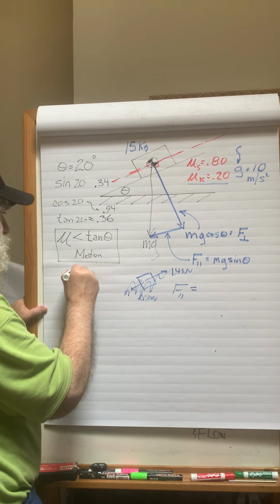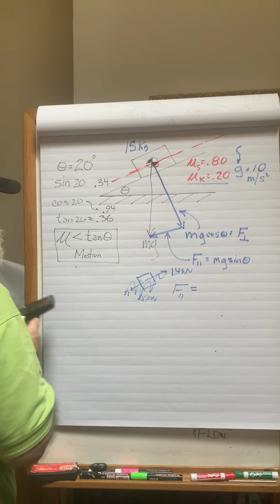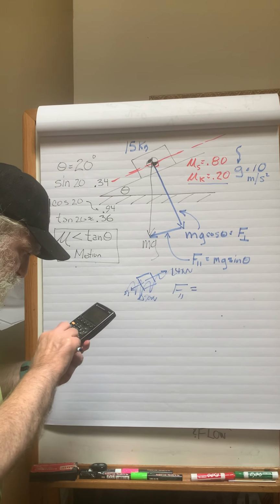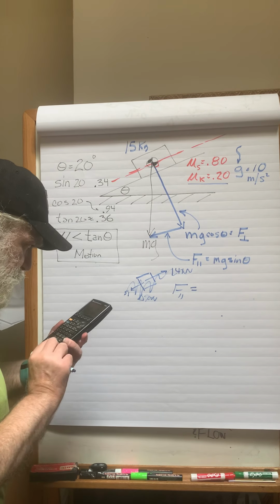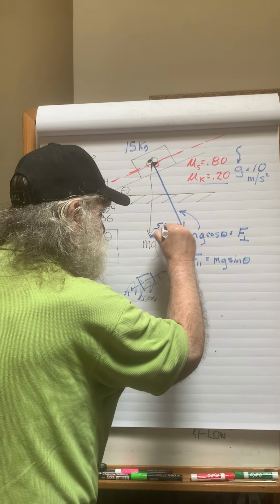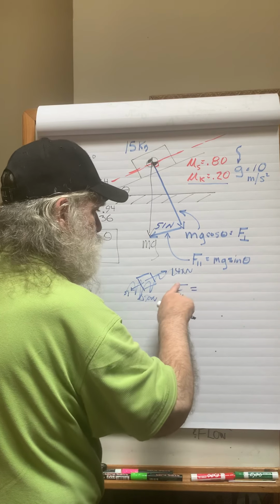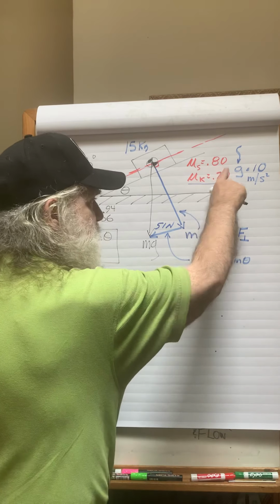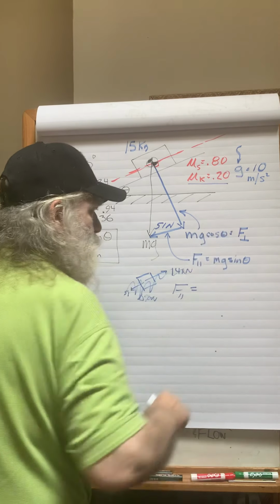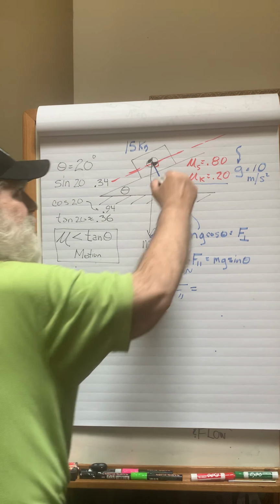And we'll just use the calculator to make it go fast. 150 times the sine of 20. And again, that's the 51 newtons. But now what is the box pulling back with? Well, it was pulling back with the 0.8 times mg cosine theta. Now it's a quarter of that. So it's pulling back with about 28 newtons.